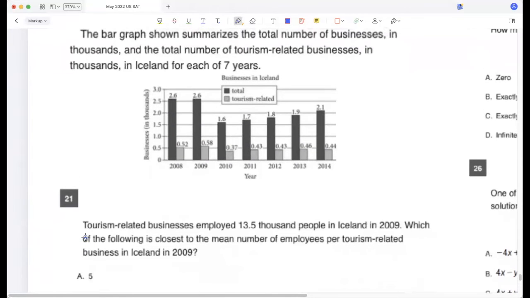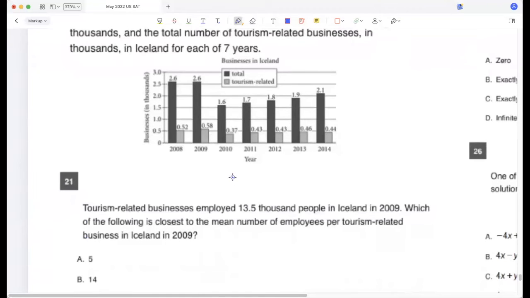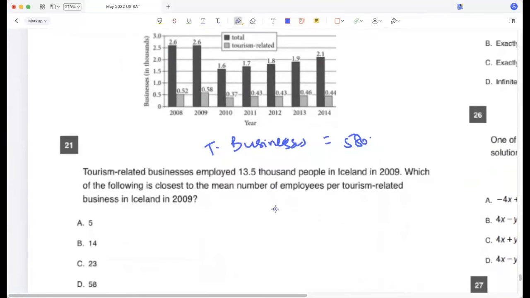So this is 0.58 tourism. So the total number of tourism businesses is 580 and employees is 13.5 thousand. So the mean number of employees will be 13.5 thousand divided by 580.